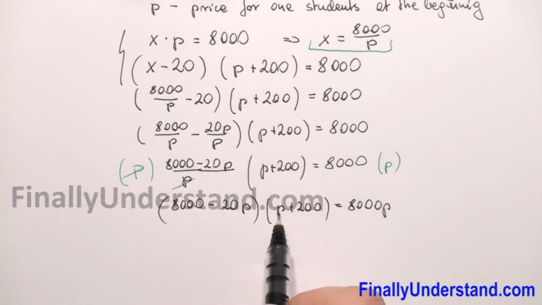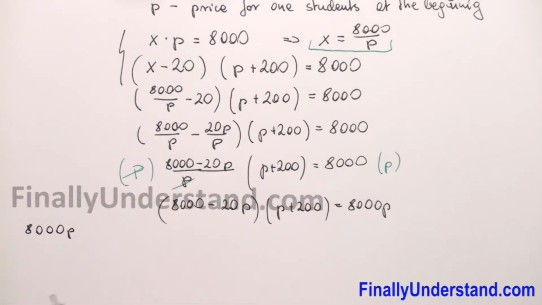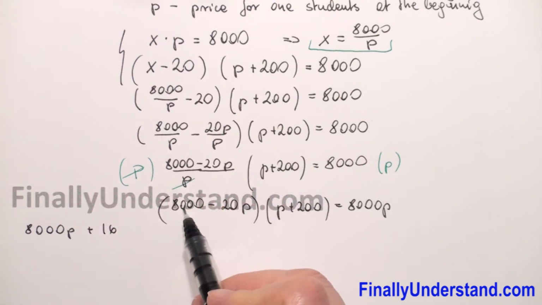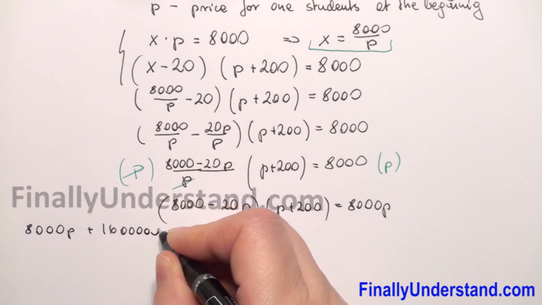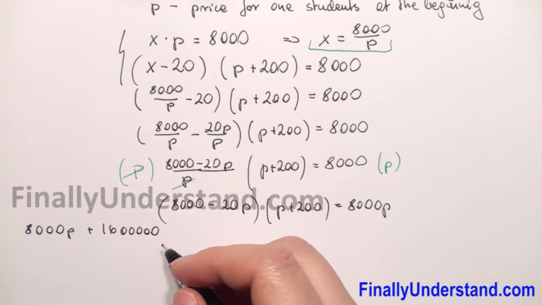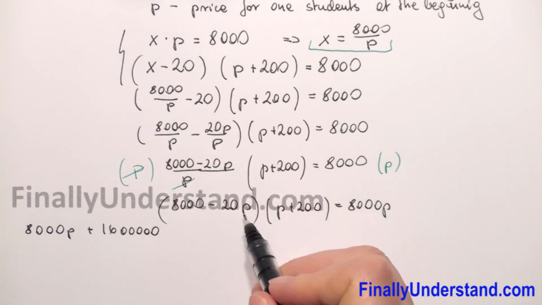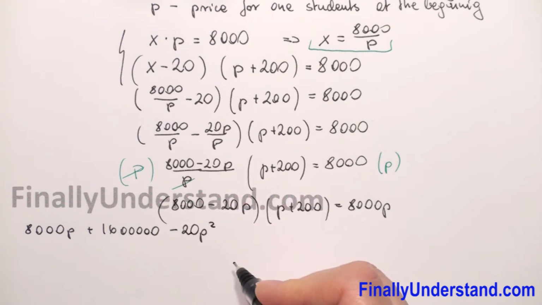So we have 8,000 times P, so it will be 8,000P, plus 8,000 times 200, so it will be 16 and five zeros. Next we have negative 20P times P, so negative 20P squared.